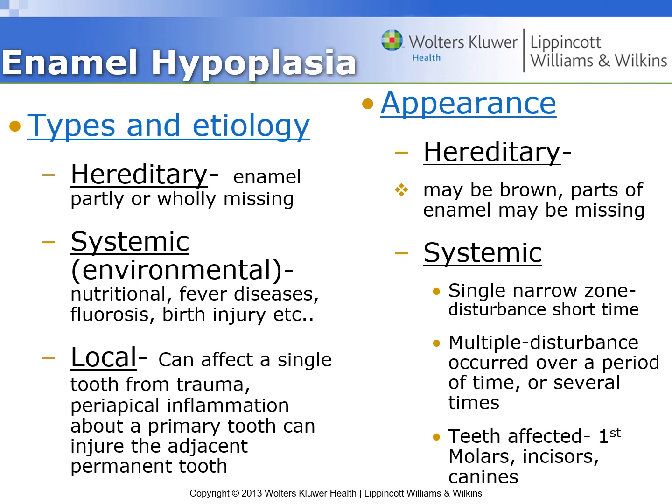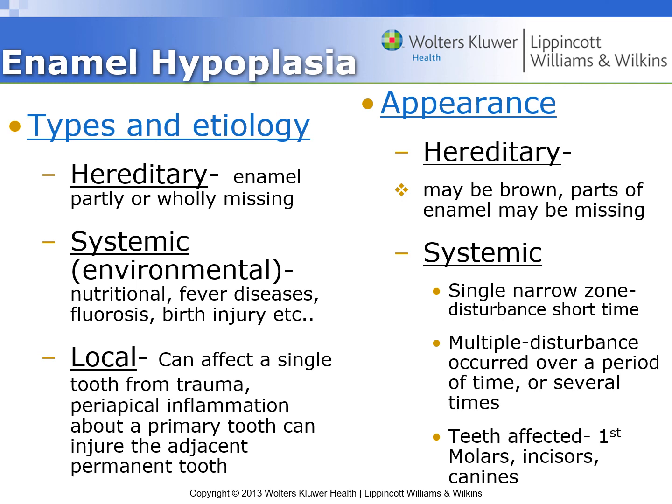It can be local and affect one single tooth, from trauma or from a periapical inflammation around a primary tooth, which can injure the adjacent permanent tooth. Apical is the very bottom of the root, and peri is around, so it's around the very bottom of the root of the tooth, and it can have some kind of inflammation on the baby tooth.